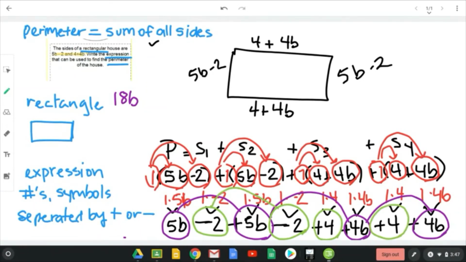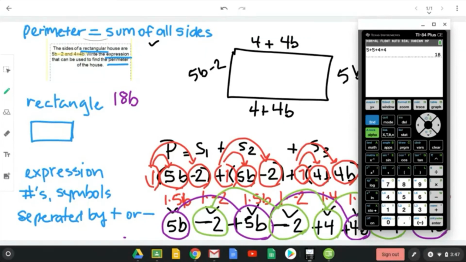All of these are like terms because they are numbers that stand alone. And so into my calculator, I'm going to type in negative 2 minus 2. Notice I didn't add an extra minus sign. It's just the negative in front of that 2. Plus 4, plus 4. And I get positive 4.